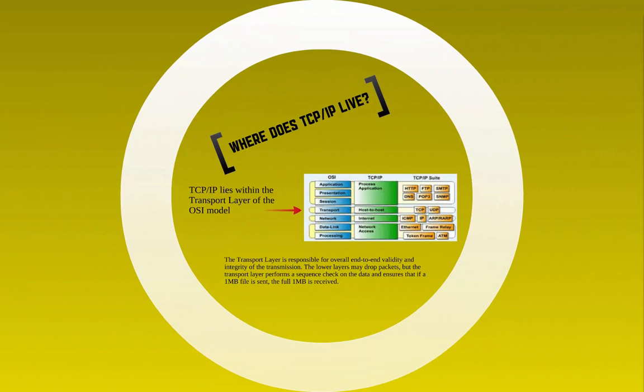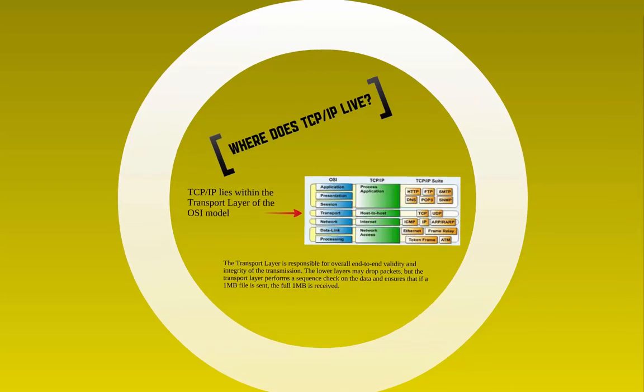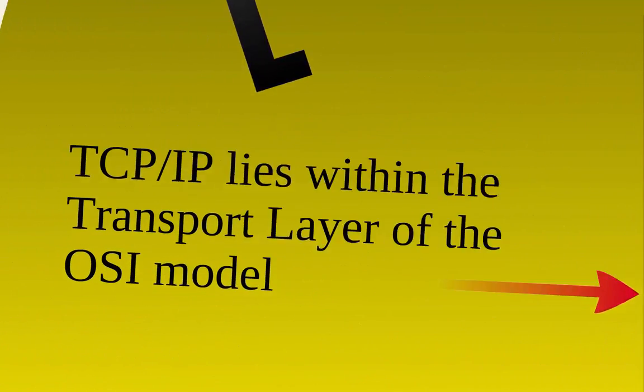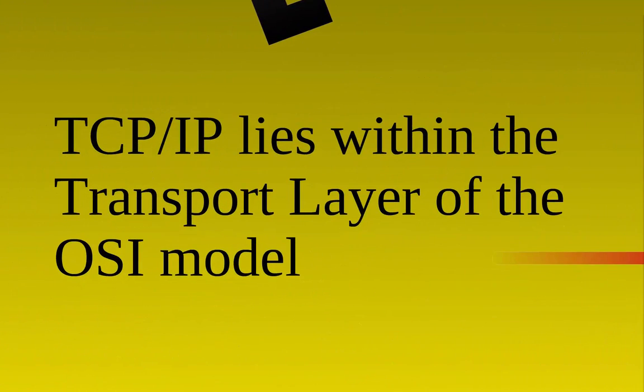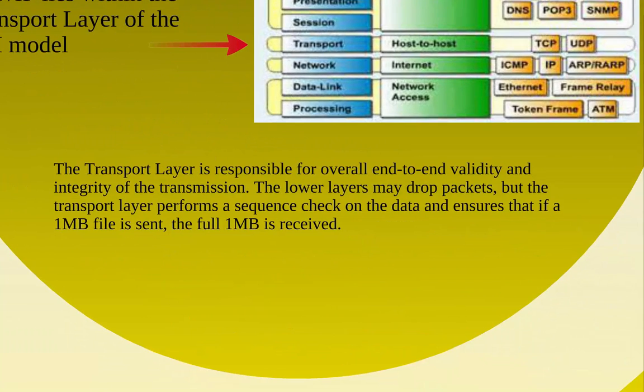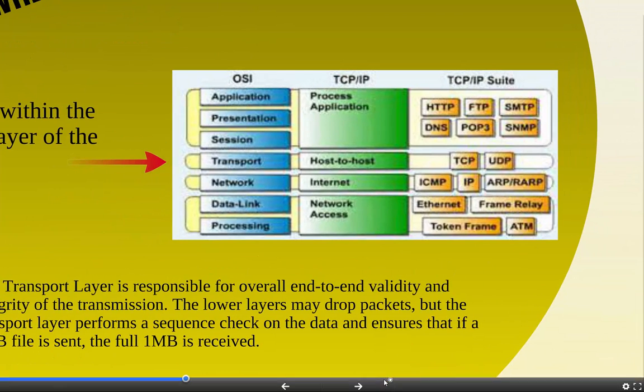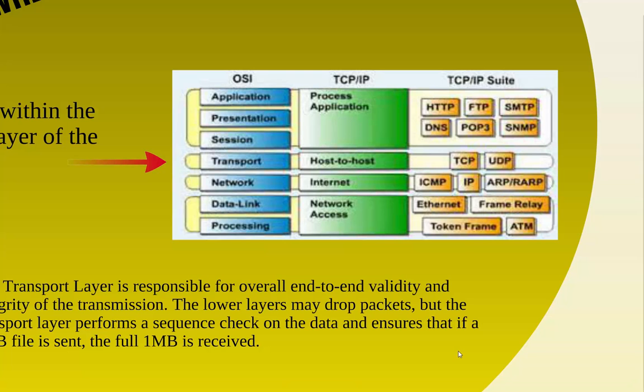So where exactly does TCP/IP live? Well, it lives within the transport layer of the OSI model. Now we're not really going to get into the depths of the OSI model here, but you can see from the diagram that the 7-layer OSI model on the left, TCP/IP breaks that down into 4 areas.